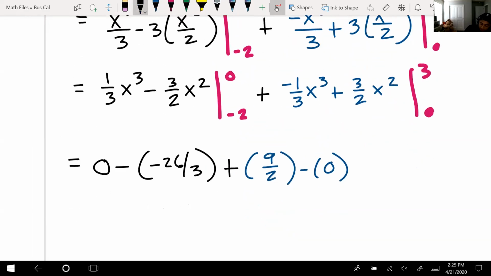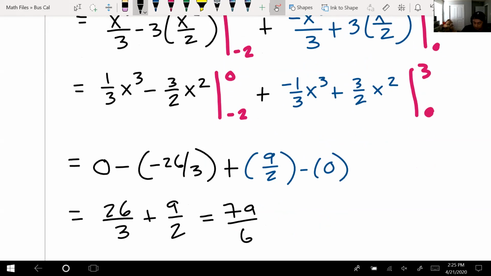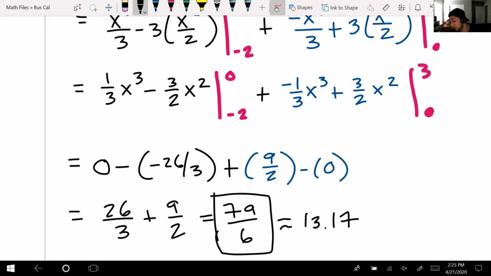And this becomes 26/3 plus 9/2, gives me 79/6, or 13.17 square units. Yeehaw.